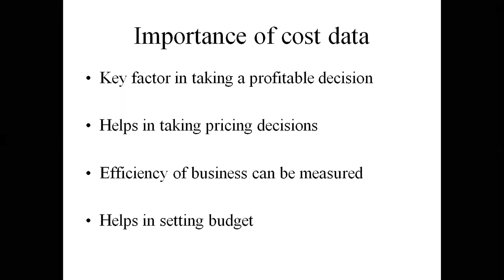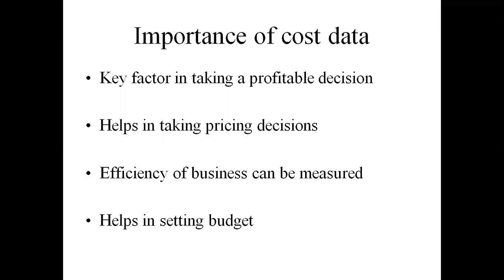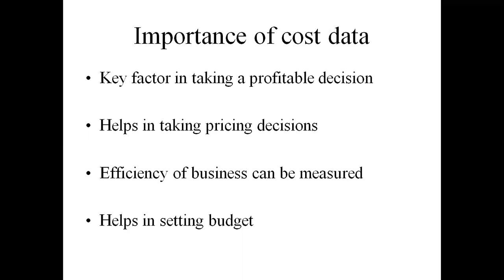Budget is extremely important in every type of business, because it restricts businesses from overspending. Otherwise, if a business has money, they will keep on spending. But budget restricts them to spend a certain amount, not more than that. All right, so we are done with the importance of cost data.